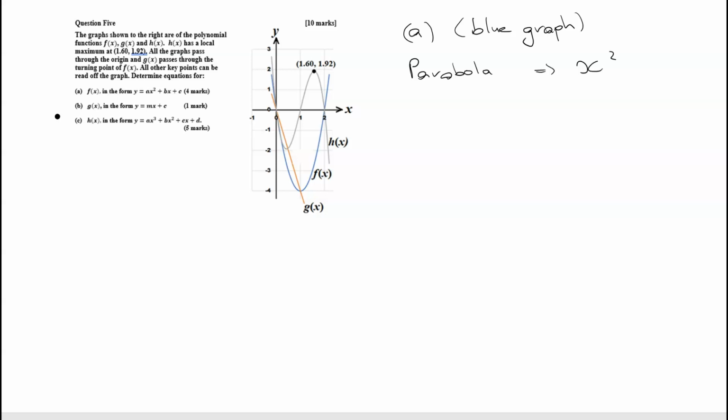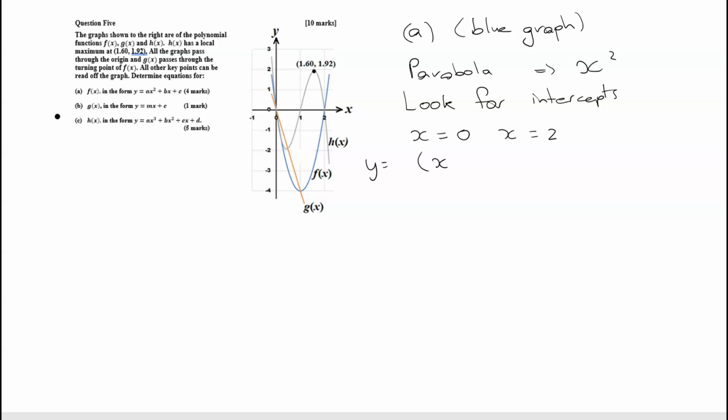Now you need to look for the intercepts. In particular, you look for the x-intercepts. There's one at 0 and there's one at 2. Now, these are going to translate into brackets.